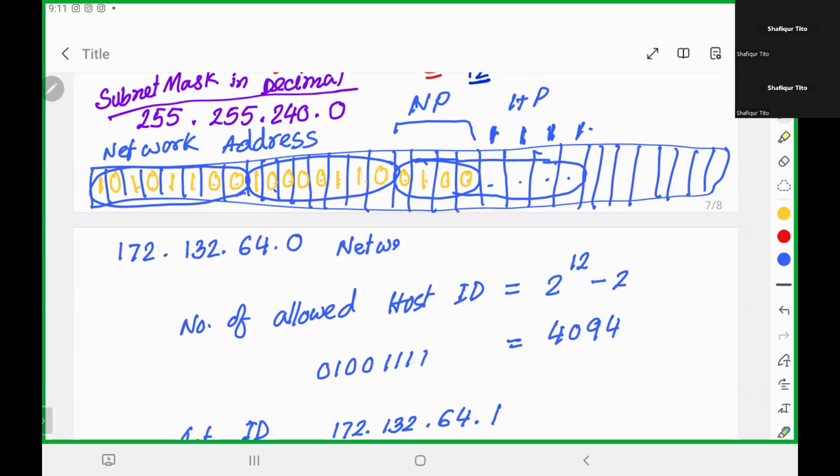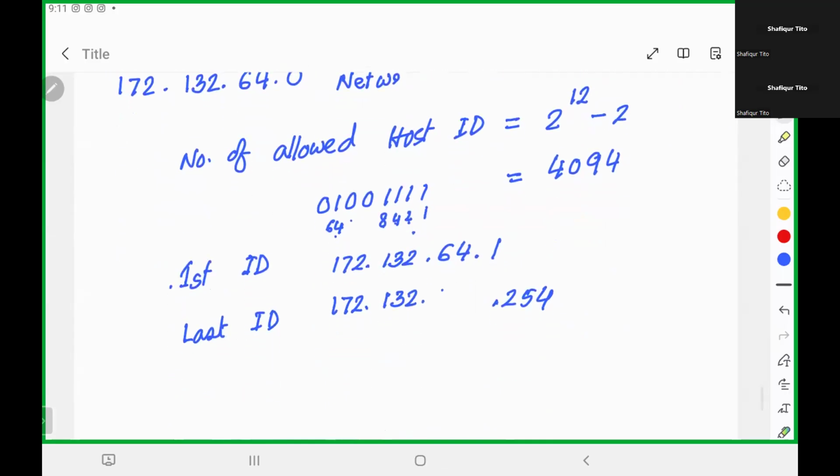This will give me 1, then 2, then 4, then 8, and this one will not have 16 or 32, so this is 64. So 64 plus 8 is 72, 72 plus 4 is 76, 78, 79. So this one can be a maximum of 79.